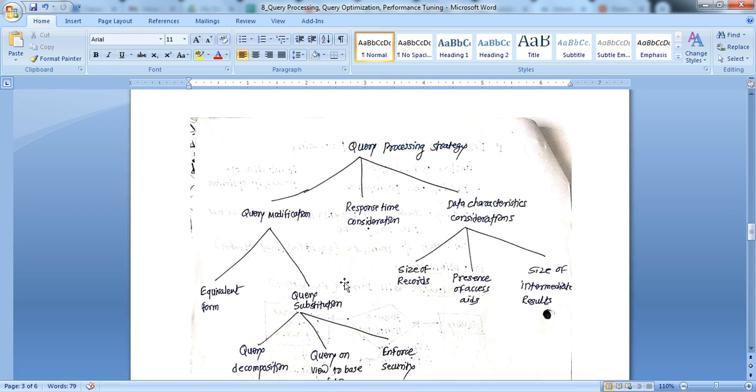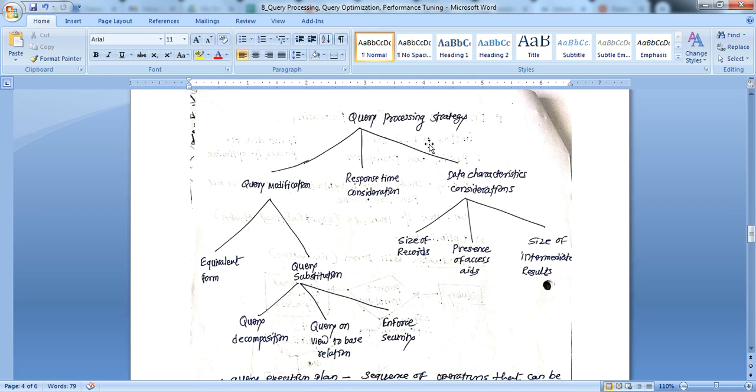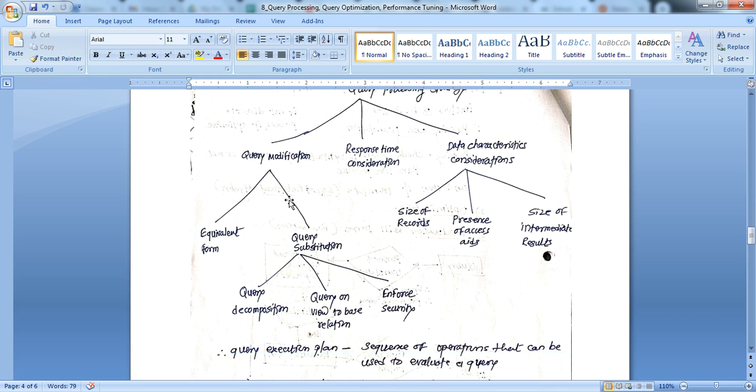Before that, we know the different classifications of the query processing strategy. First is query modification: we need to create the equivalent form after the modification, or it may be a query substitution, which is to substitute something new under the query modification process.